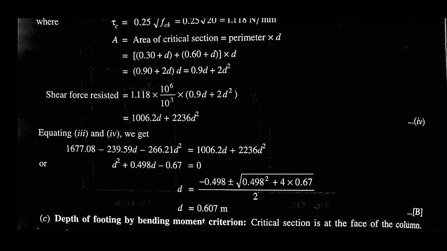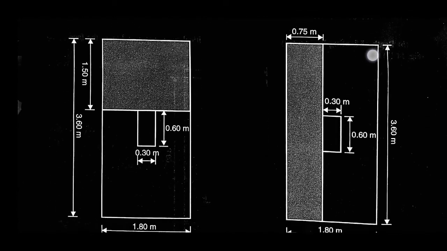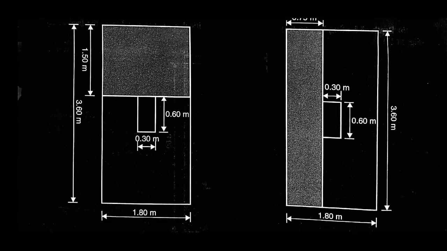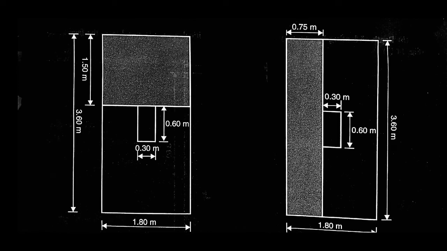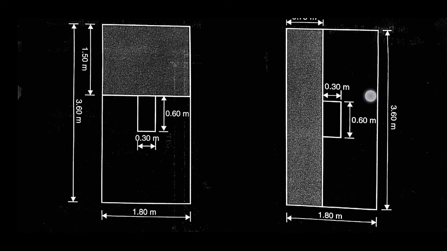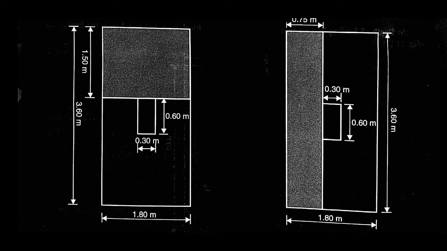Okay, for the bending moment criterion, first of all, see these figures. On the left side, the zone of bending moment is shown along the shorter direction, and in the figure on the right side, the bending moment zone is marked along the longer direction. So we have to calculate this value.